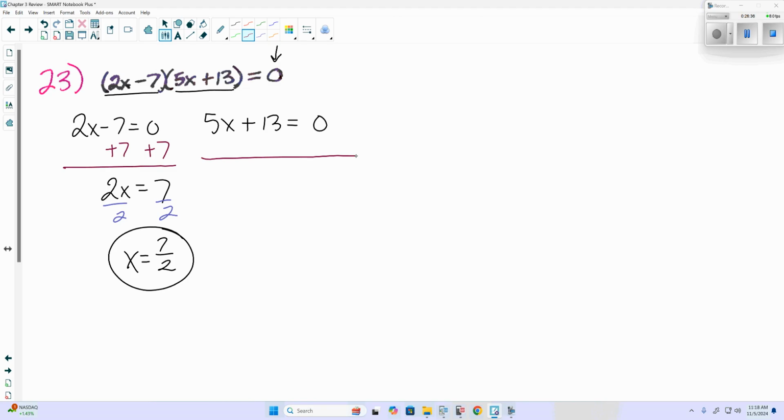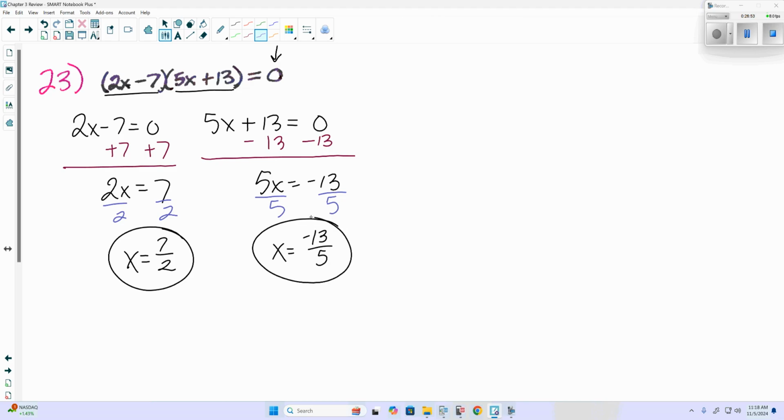But if we get 0.3 repeated or 0.147, use a fraction. The next one here, the first thing we'd have to do is subtract 13 from both sides, then divide by 5. I put these on the test to be nice, because it's already in factored form.